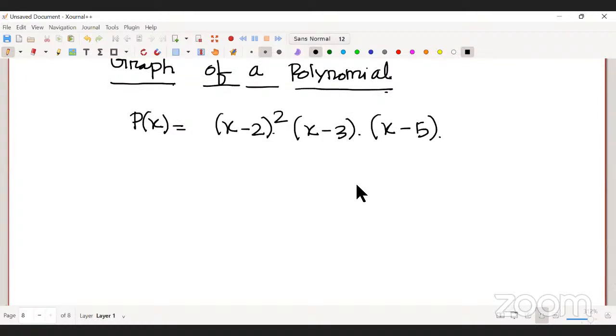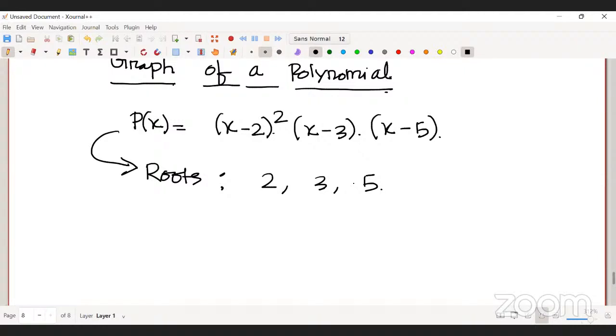The first thing is you have to find out the roots of the polynomial, which is very easy for this one. What are the roots of this polynomial? 2, 3, and 5. But apart from only finding the roots, you have to find out the multiplicity of the roots.